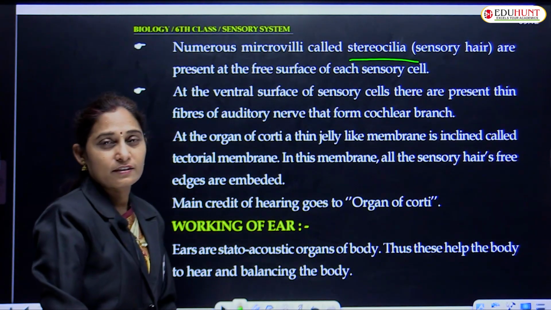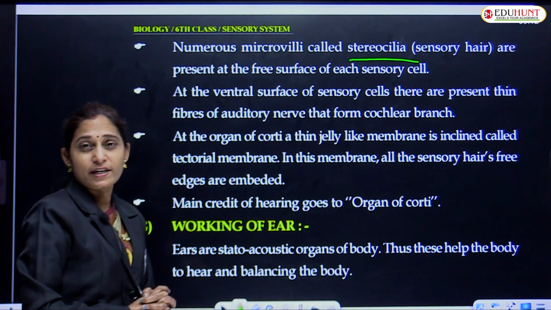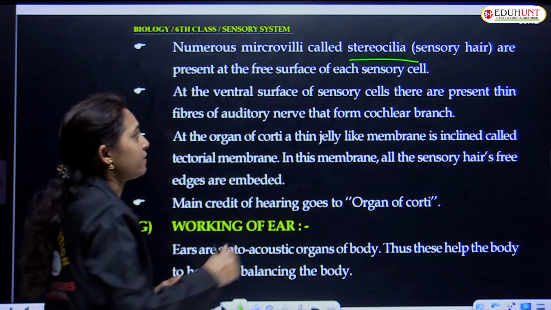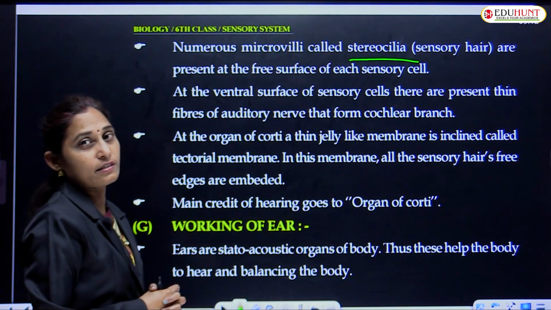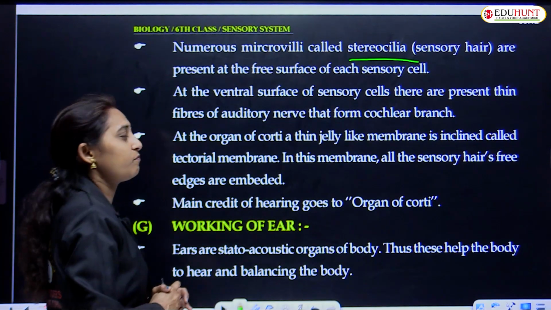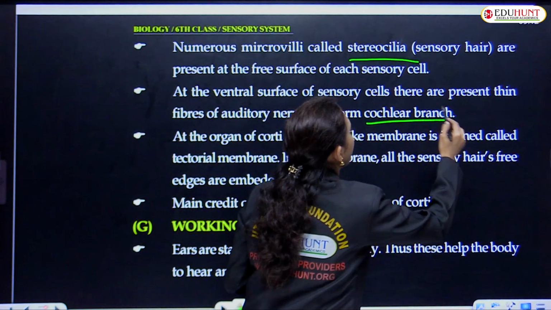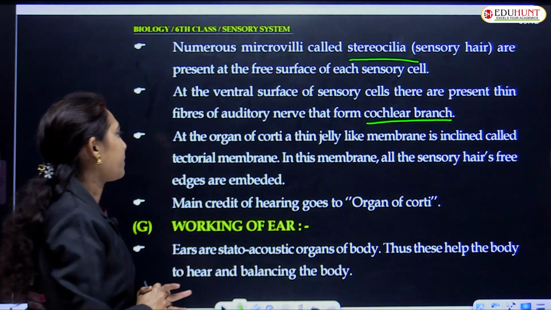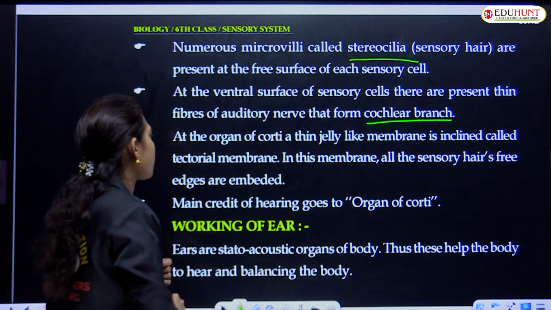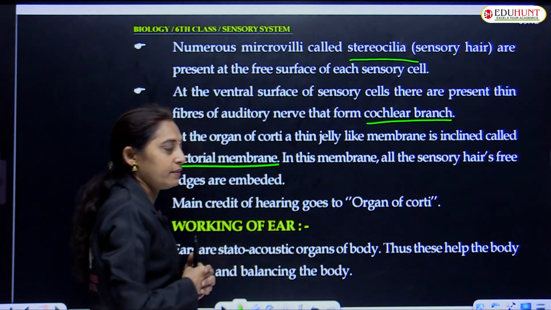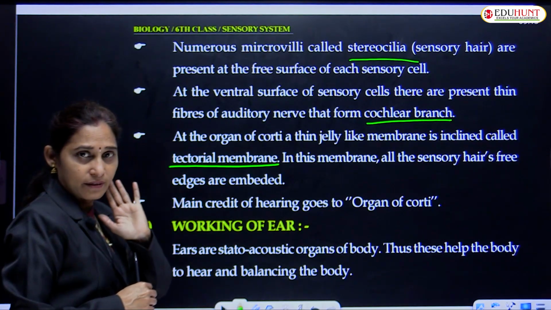These are present in the membranous labyrinth, and the free surface has these sensory cells. At the ventral surface of the sensory cell are thin fibers of the auditory nerve that have a branch called the cochlear branch. Then at the organ of Corti there is a jelly-like membrane called the tectorial membrane. In this membrane all the sense hairs and free edges are embedded.